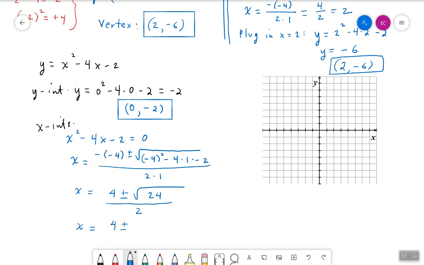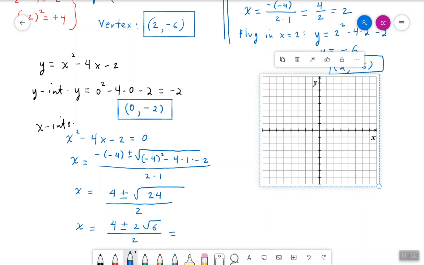Square root of 24 is what? Perfect square factor is 4. Square root of 4 is 2. And there's a 6 left over. And then we can cancel out the 2 in the denominator with a factor of 2 out of each term in the numerator.